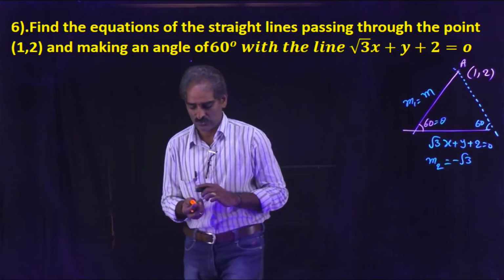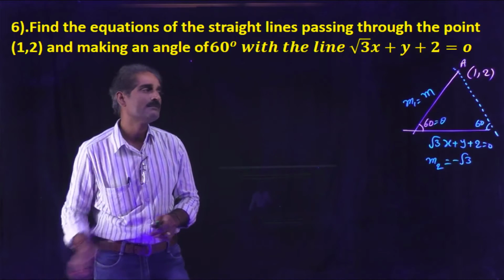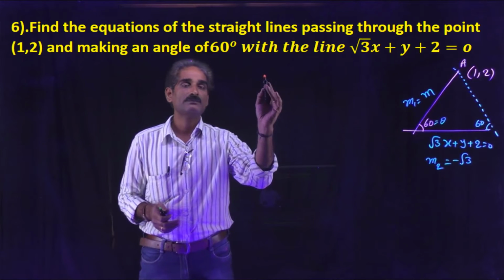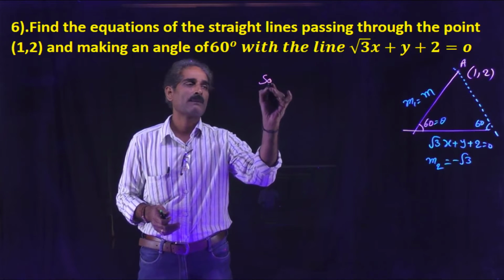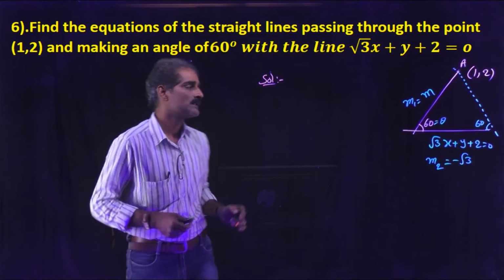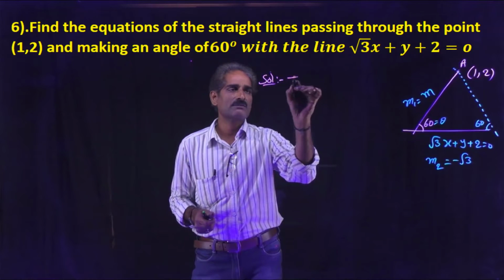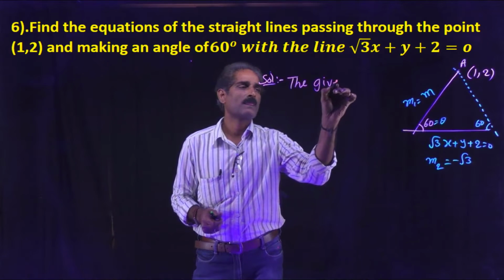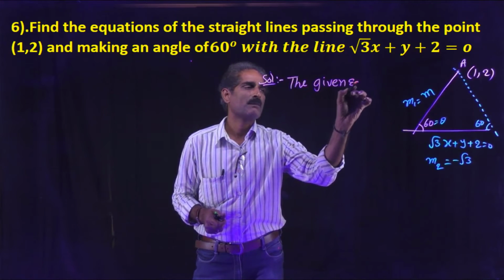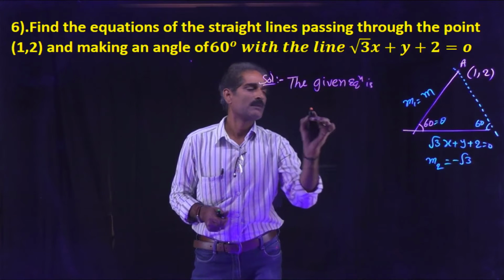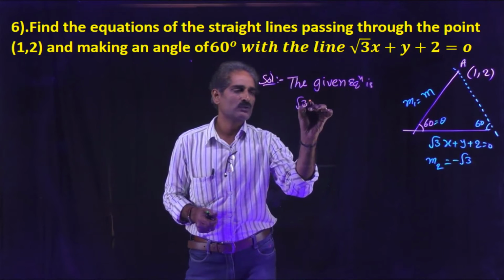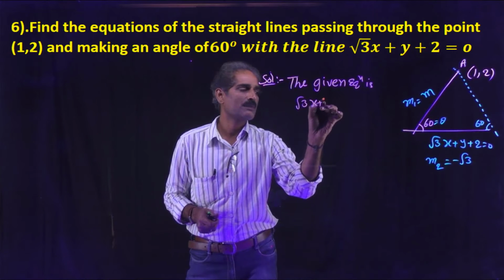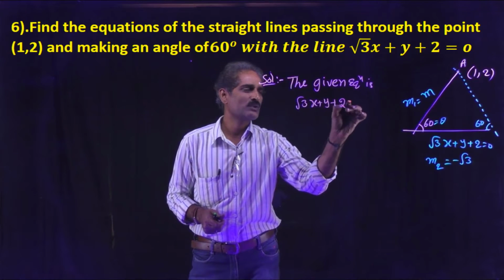So now come to the solution. The given equation is root 3x plus y plus 2 equal to 0.